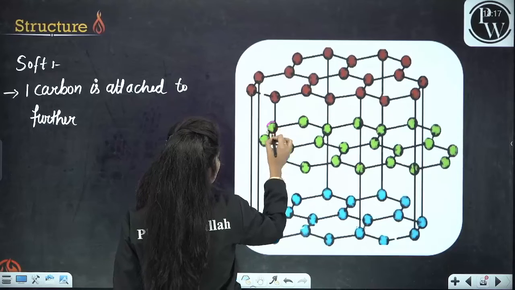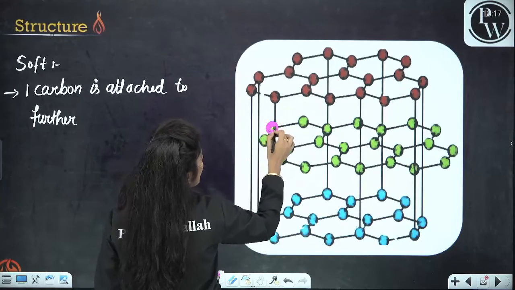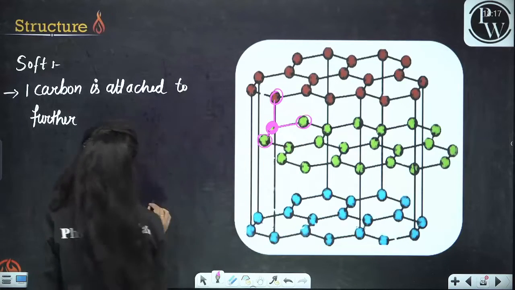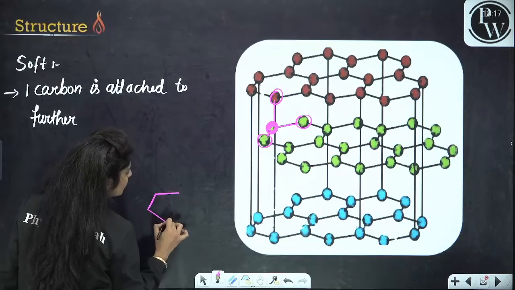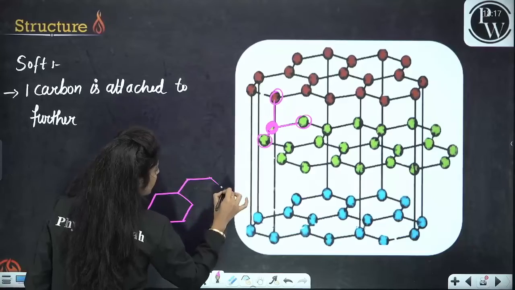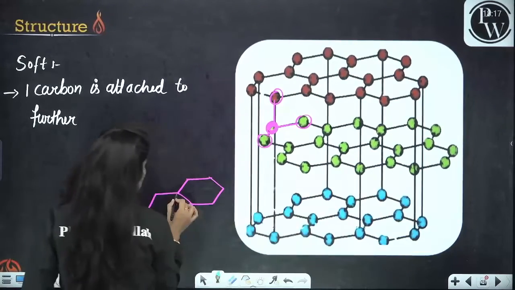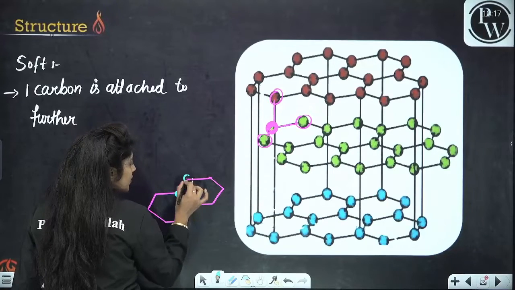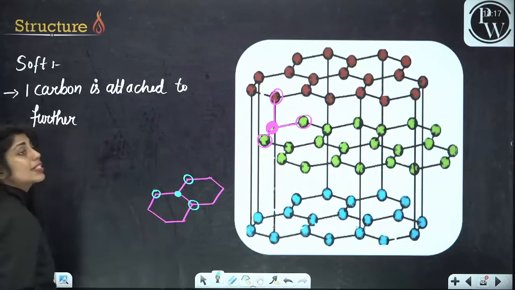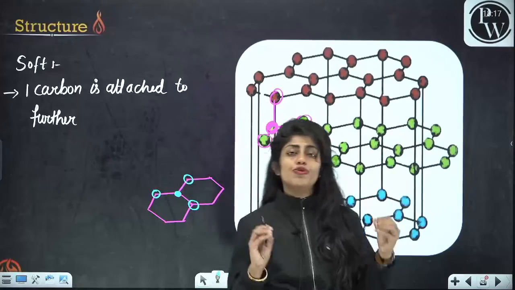If I'm talking about this carbon, you need to check how many carbons are attached with this carbon. I will show you with another figure. Now you can count it very clearly. Suppose this is one carbon, second, third, fourth. Counting from this darkened carbon, it is attached to further 3 carbons.